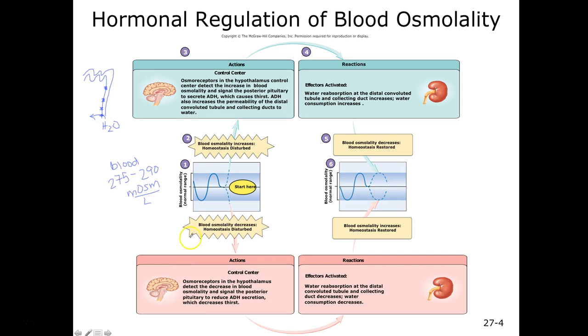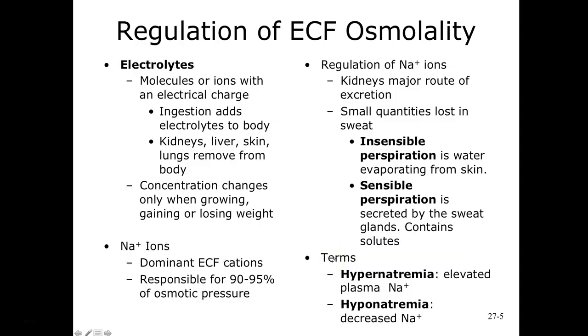And so our body will not be able to get rid of the water that we have within our filtrate, right? So it's just going to stay there. So we get rid of these aquaporins. They're going to disappear. And so the water has to stay in here, and that's going to be excreted as urine. Okay, and that helps to bring our blood osmolality back to its homeostasis level.